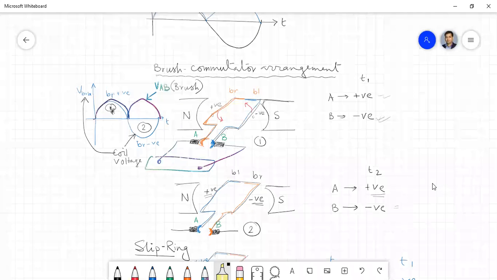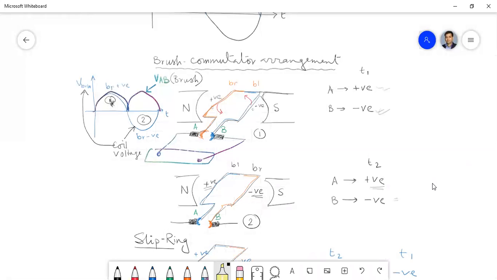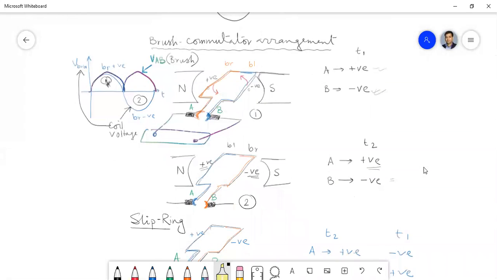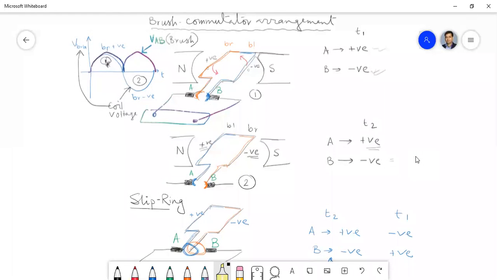And that arrangement is called brush and commutator arrangement. Somebody asked me that if we don't need any DC output, unidirectional output, if we need only bidirectional output, that means the same alternating voltage waveform outside, then what should be the arrangement?